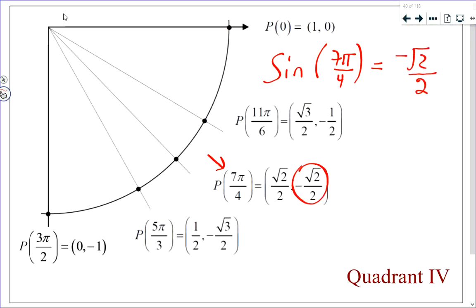I know the sine of 7 pi over 4 is -√2 over 2. And that's what we get caught up in, and it's a good thing. You need to know that.